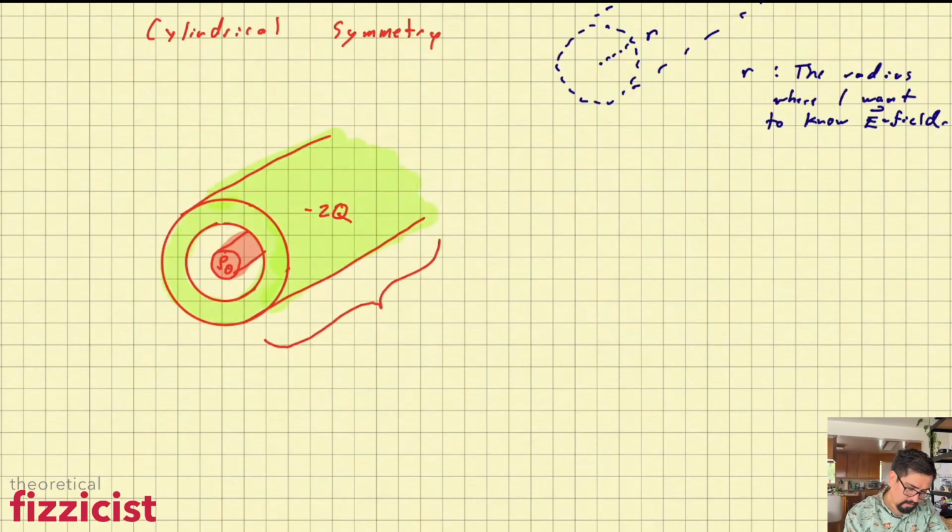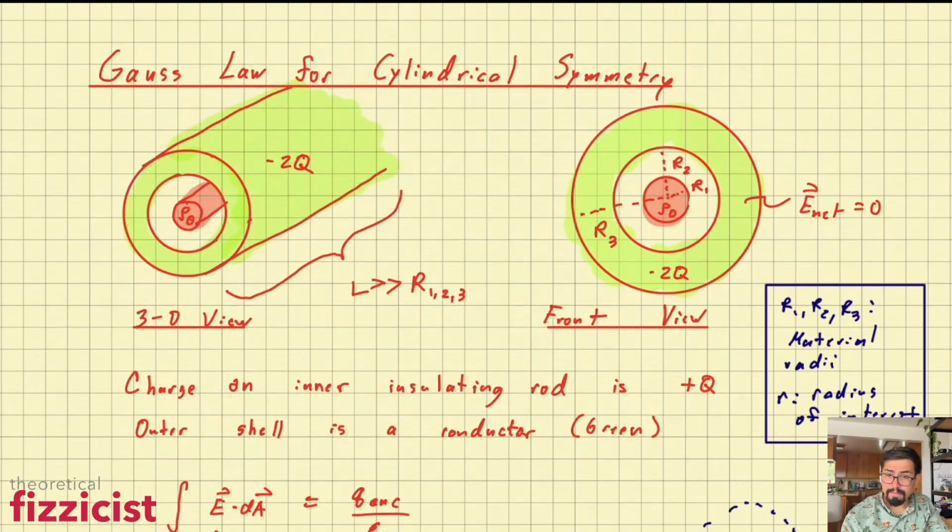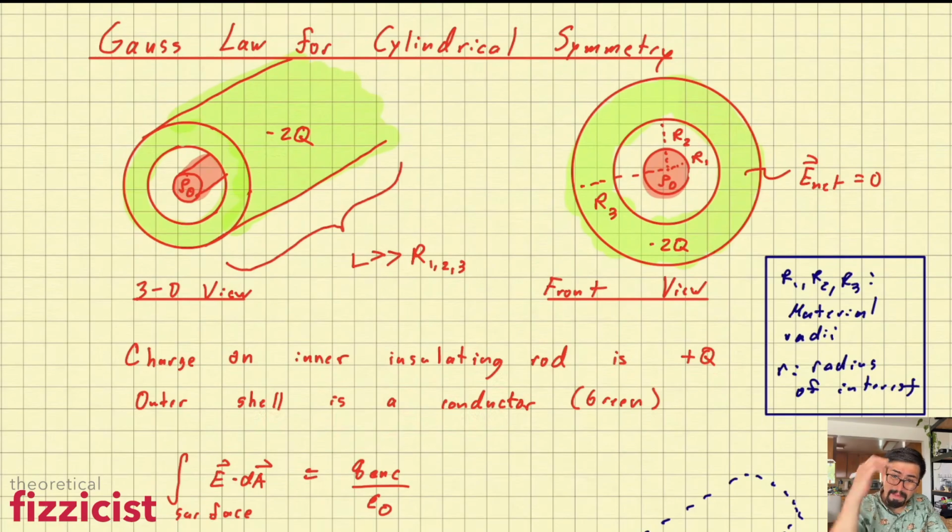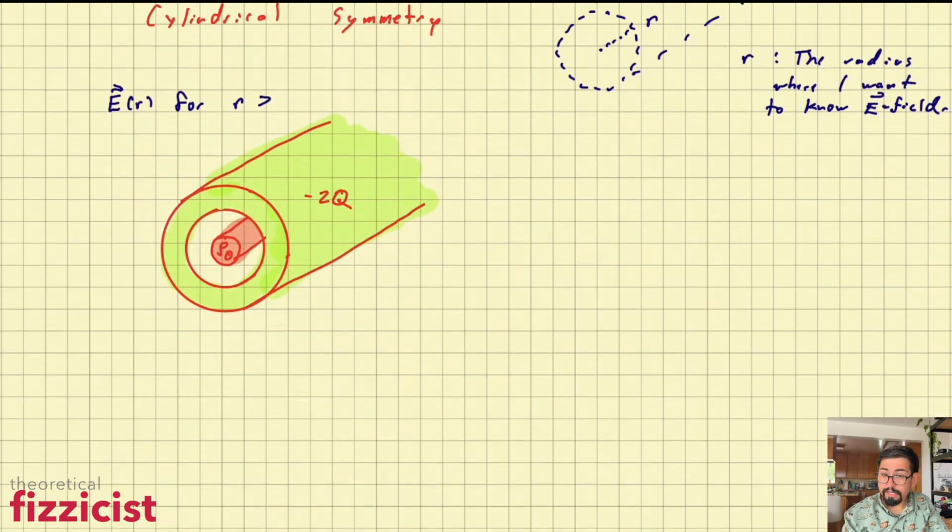And I'm going to solve for the electric field strength for positions of interest greater than the maximum material radius, in other words, that outer edge of the conducting material cylinder.